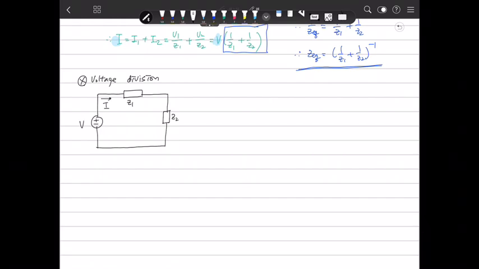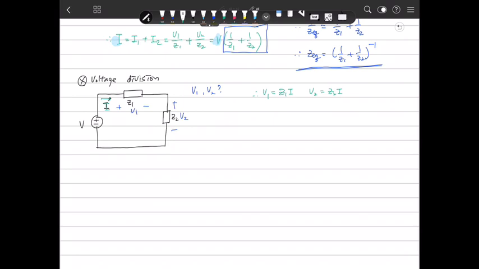This is current I. Then we define this voltage is V1 and this voltage is V2. Then my question is, what are V1 and V2? It's very simple because the current is common. This current is common. Therefore, V1 is G1 I and V2 is G2 I.